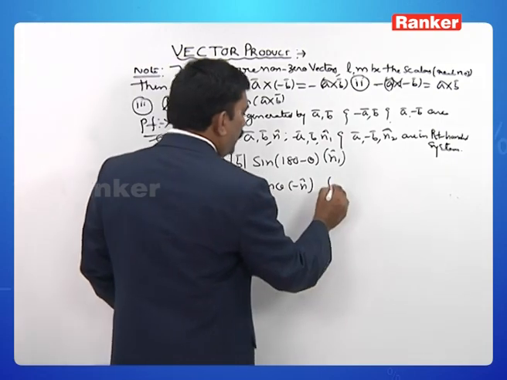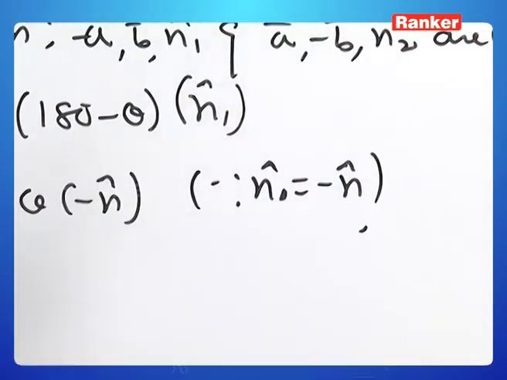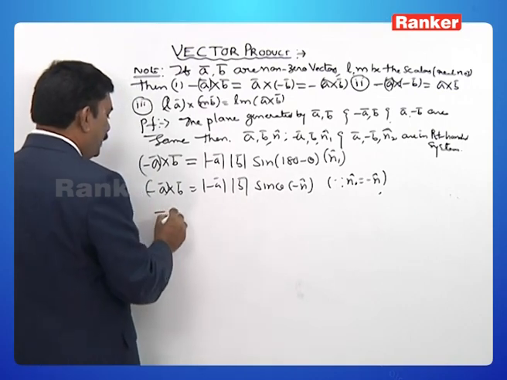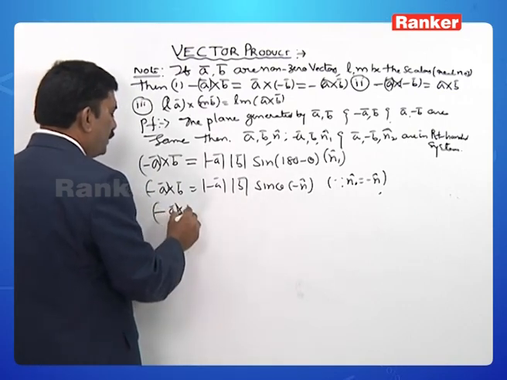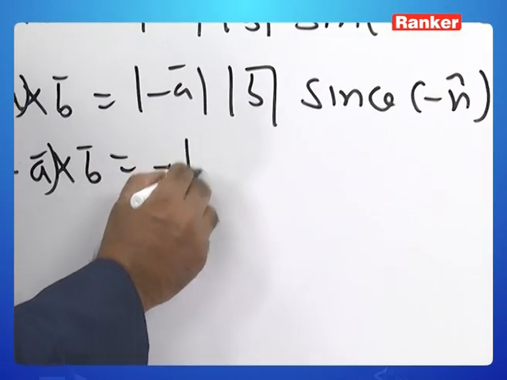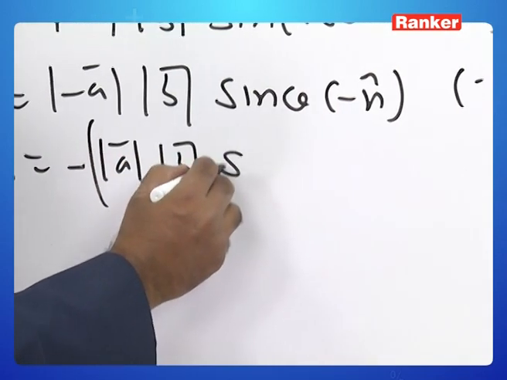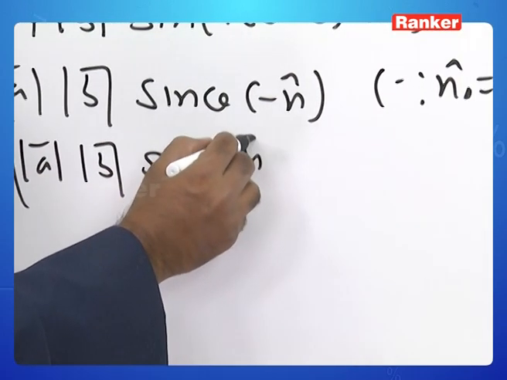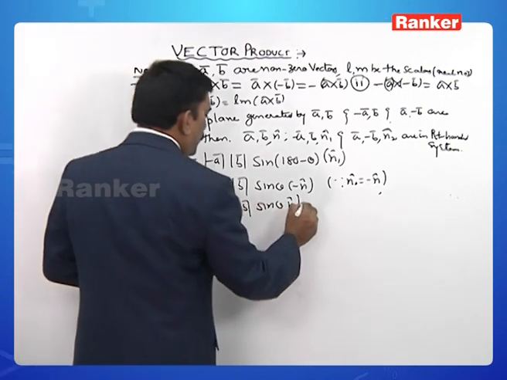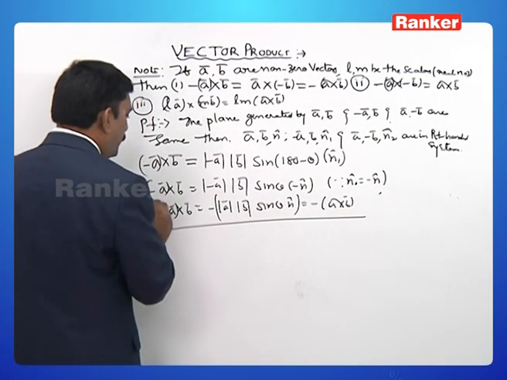Since n1 cap is equal to minus n cap, I can write minus of A bar cross B bar is equal to, taking the minus outside, minus of mod A, mod B, sine theta into n cap. This is nothing but minus of A bar cross B bar.